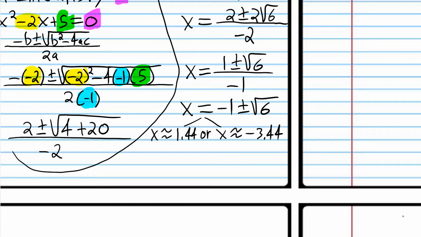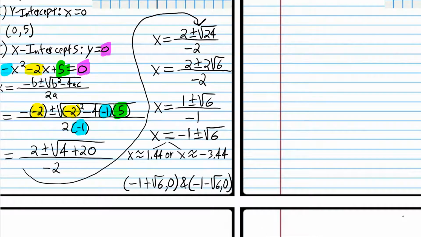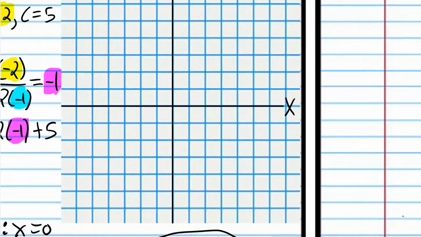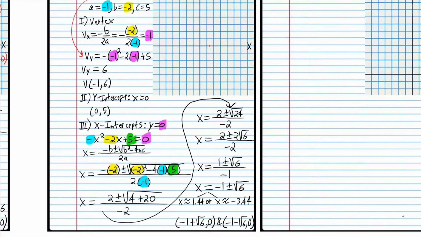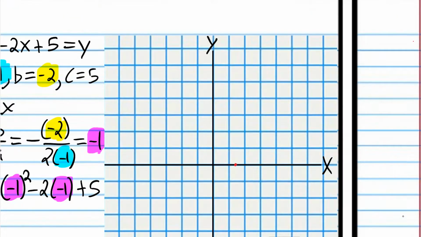And so that just gives us a reference for the graph, but our x-intercepts are going to be negative 1 plus root 6, 0, and negative 1 minus root 6, 0. Okay, so 1.44, that would be about here, and negative 3.44, that would be about here.